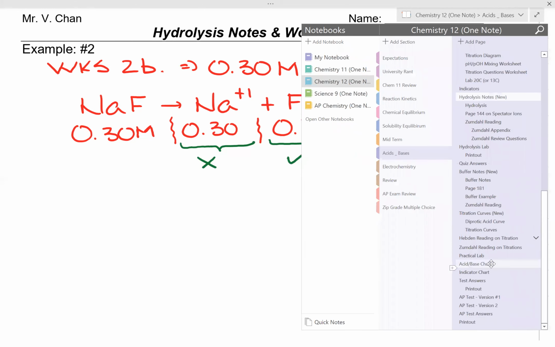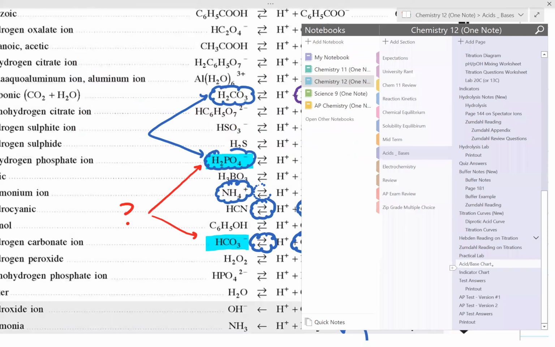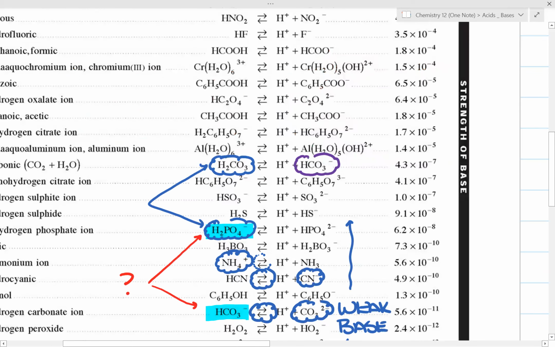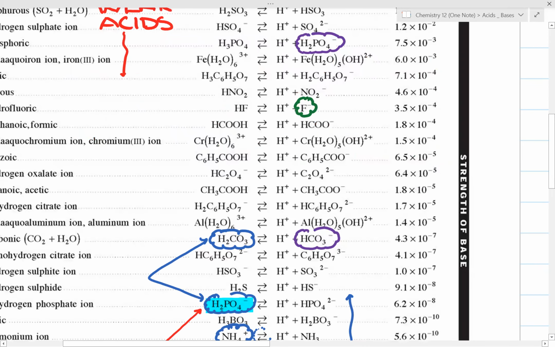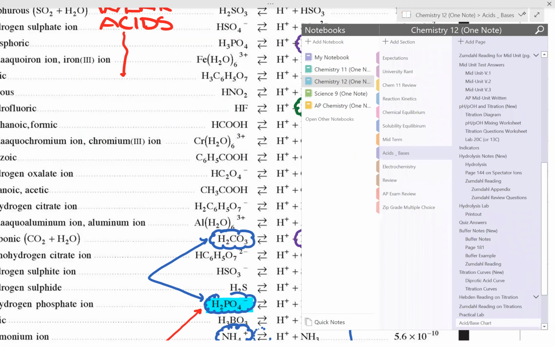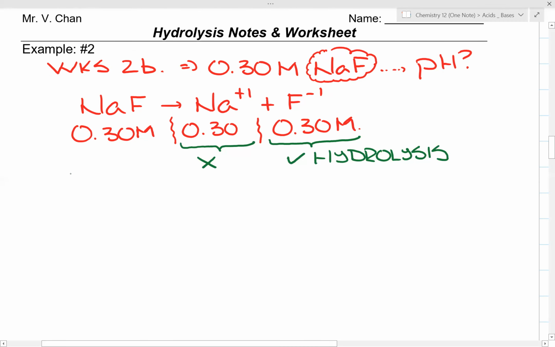So here, your acid-base chart. Fluoride -1, where is it? It's right here. So in this case, we would go fluoride -1 plus water in equilibrium with HF and OH -1.